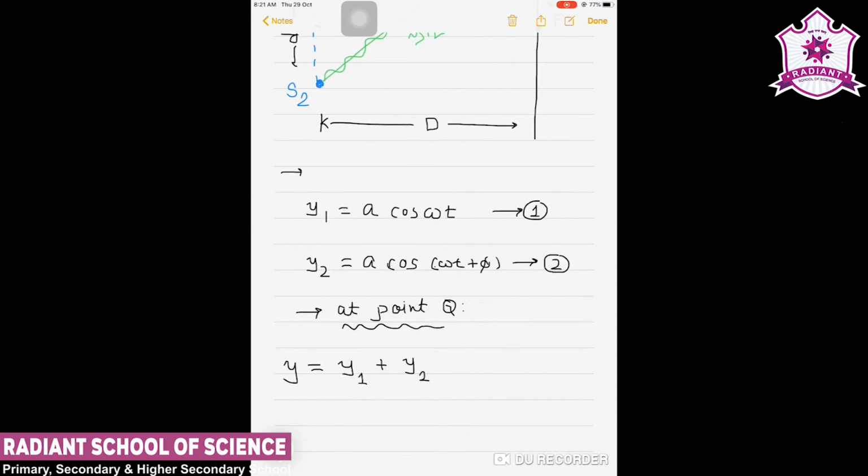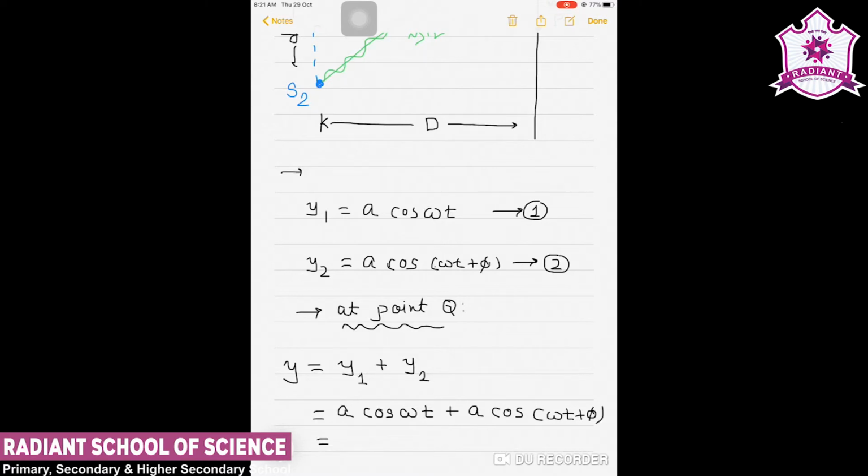On that basis, y equals a cos omega t plus a cos(omega t plus phi).